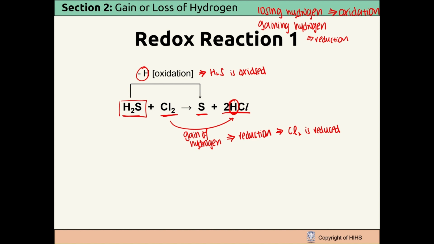So which is the oxidizing agent, which is the reducing agent? So recall again, the oxidizing agent itself is reduced. Reducing agent itself is oxidized.